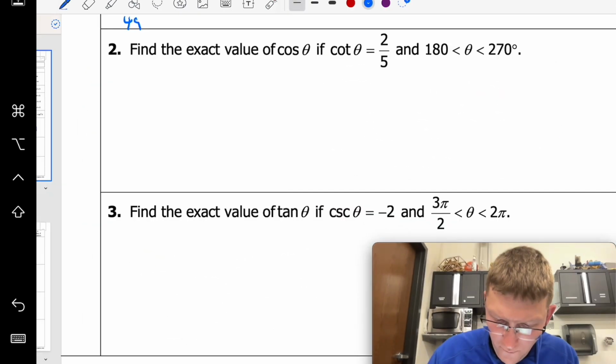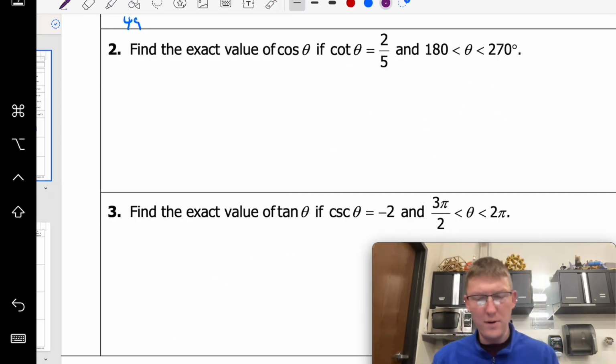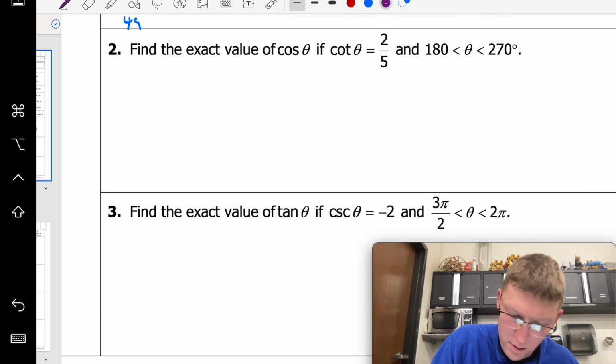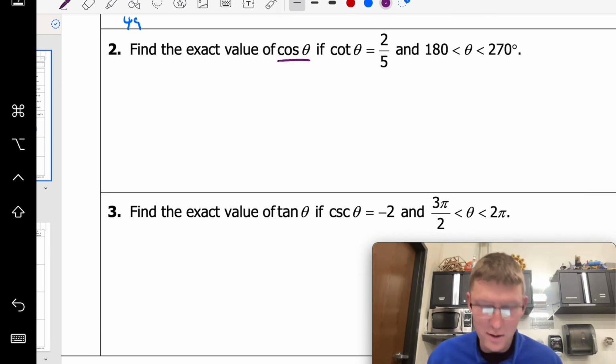All right, next one, find the exact value of cosine of theta if cotangent of theta equals 2/5 and so on. Okay, so I don't really know where we're going just yet, but some information that we know: we are looking for cosine of theta, so I'm going to need to find something that has cosine of theta in it.